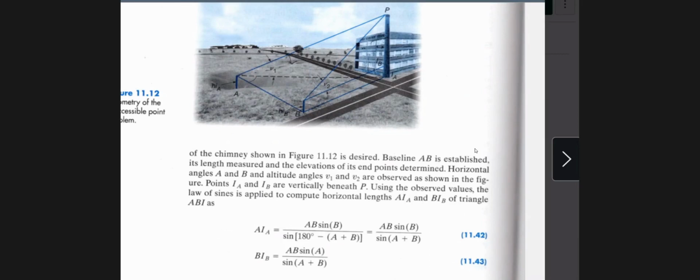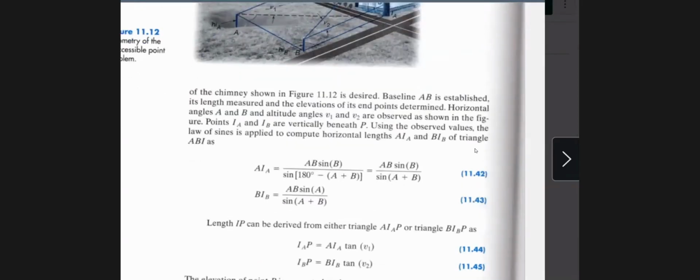So with those two angles and the one distance, using the law of sines, you can calculate the horizontal distance from the instrument to the bridge. And you can see the sample formula right there. That's formula 11.42 and 11.43. Those will permit you to calculate the horizontal distance from points E and point F to the bridge tower.